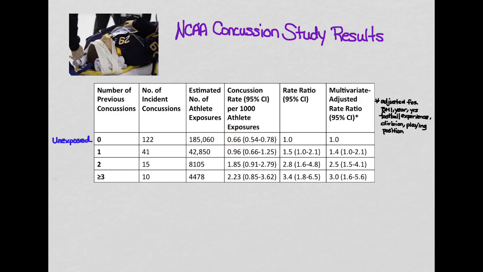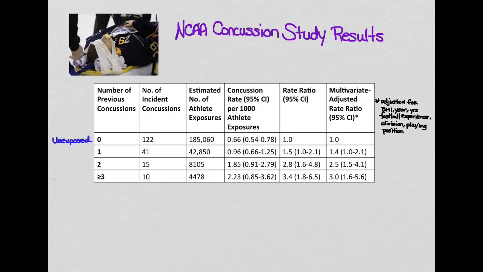And similarly, for the people with two prior concussions, it's the incident rate, the rate of concussion in this study over unexposed again, and then same here. So the rate for people with greater than or equal to 3 concussions is this rate divided by this rate to get this rate ratio.